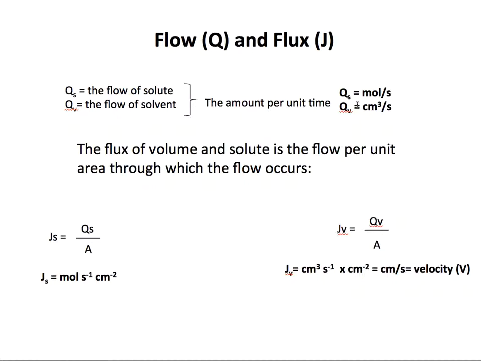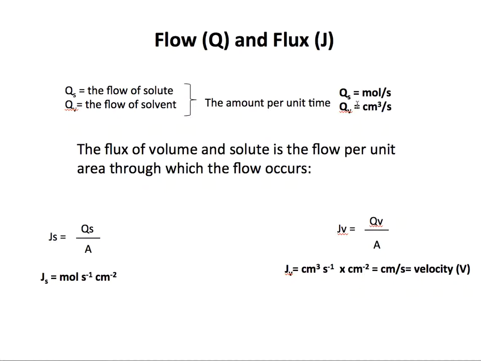Now, as for JS and JV, the flux, you got to take your flow and divide it by the area, because flux is concerned with per unit area. So if you do QS over A, you get moles per second times centimeters squared. And as for JV, which is the solvent's flux, again, flux is per unit area.